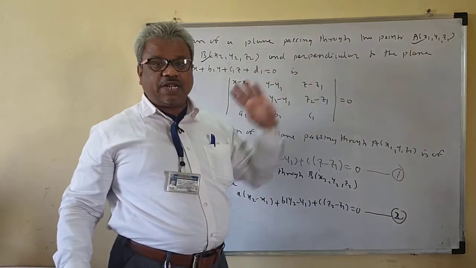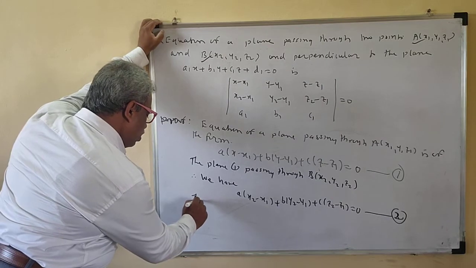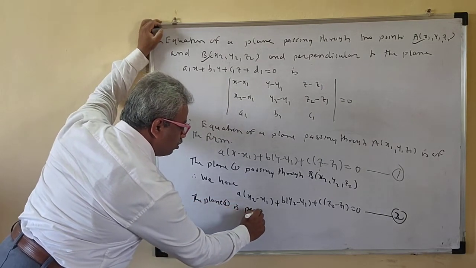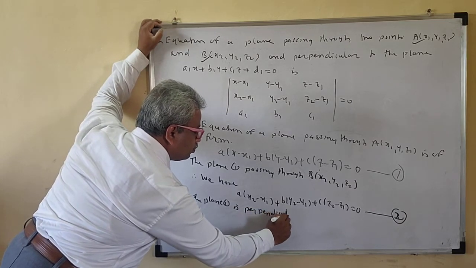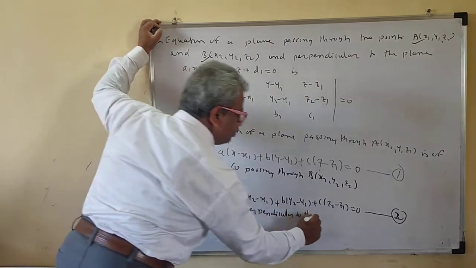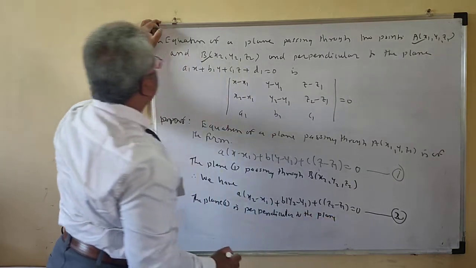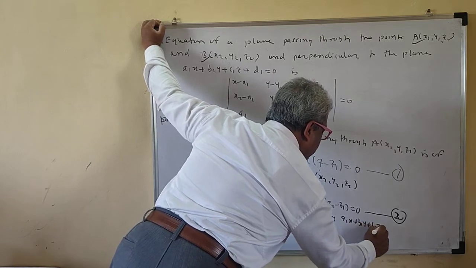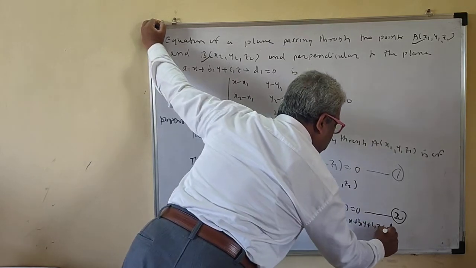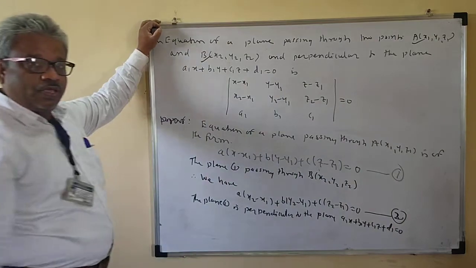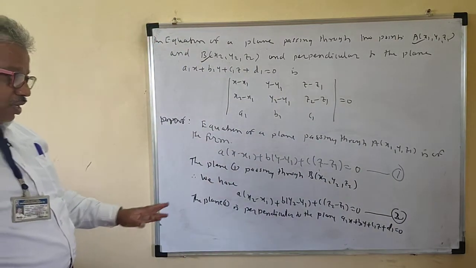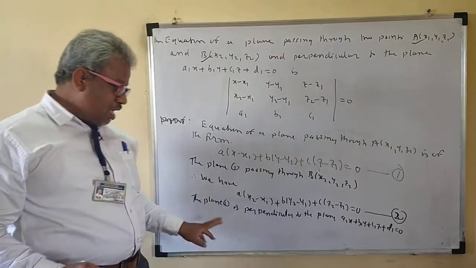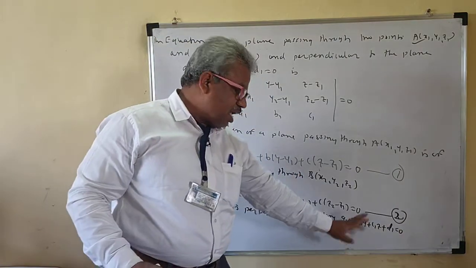Now the plane 1 is perpendicular to the plane a1x + b1y + c1z + d1 = 0. That means the planes are perpendicular. Here the coefficients of x, y, z are A, B, C and there the coefficients are a1, b1, c1.